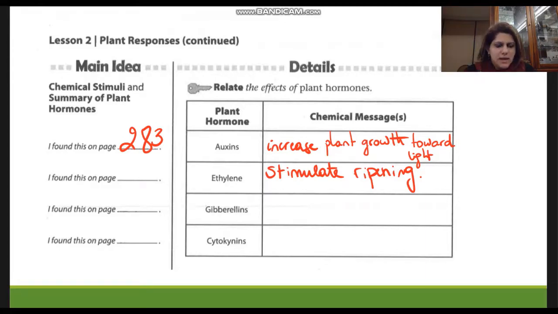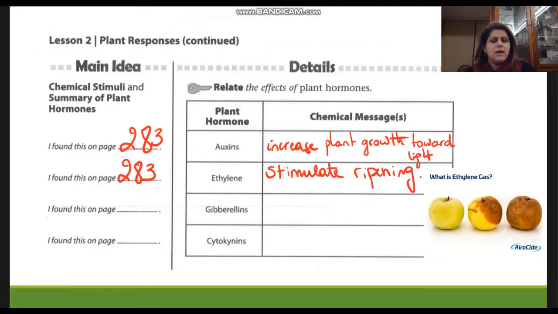I gave you the example of adding an apple between the avocados that are totally green. They are green, but they're not ripe, not ready to be eaten. Same thing for the bananas. Same thing for the persimmon. It's just stimulating the ripening, helping in making the food more ripe.